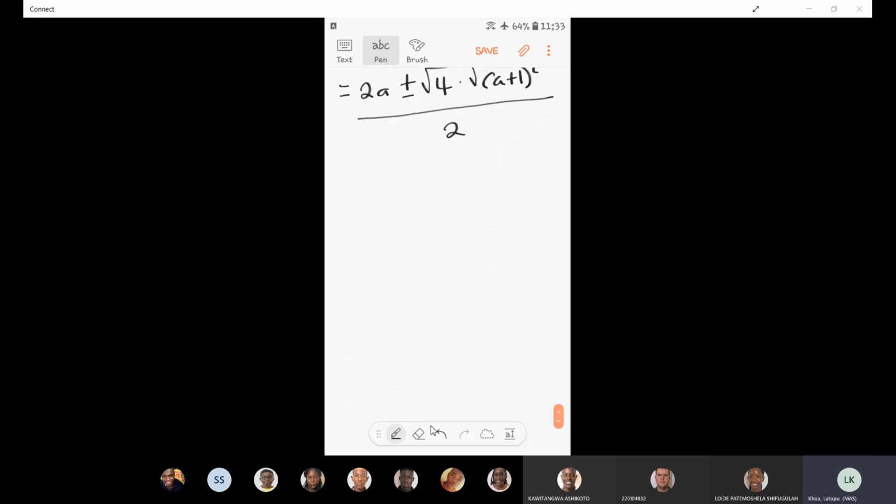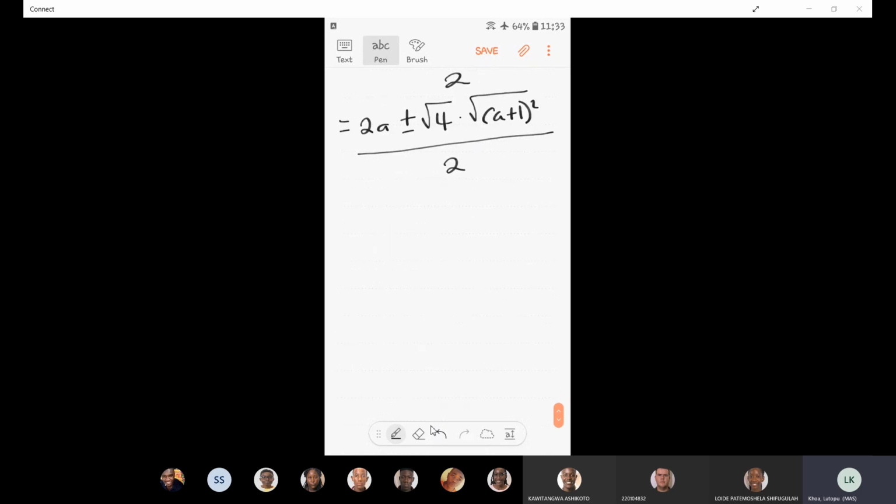Now the square root of 4 is 2, and the square root of a plus 1 squared is just a plus 1. So those two will cancel each other out because they're opposite operations. So what I have here is 2a plus or minus 2 times a plus 1. Then I divide this over 2.